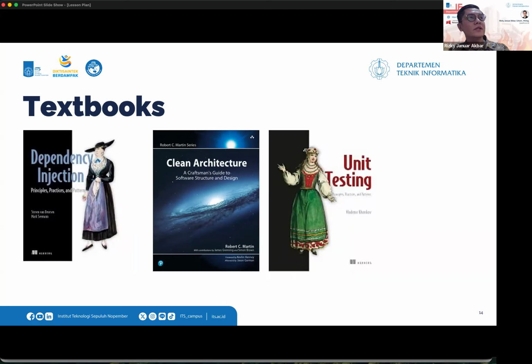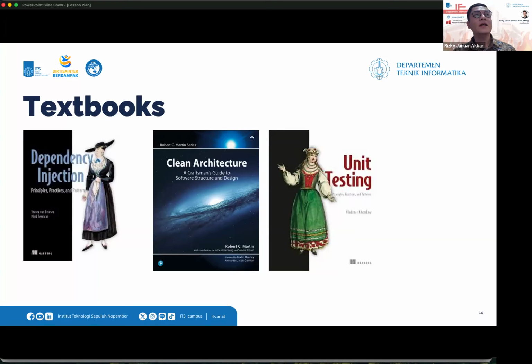Even though I already discussed dependency injection in this class, if you read this book, you will get a complete understanding of dependency injection in detail. So I strongly recommend you to read this book.